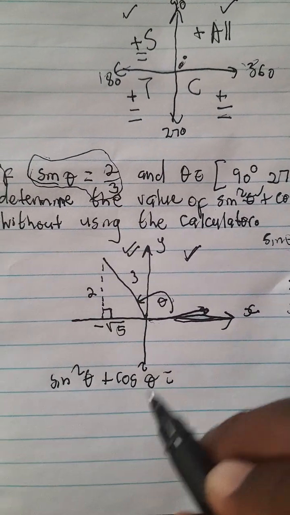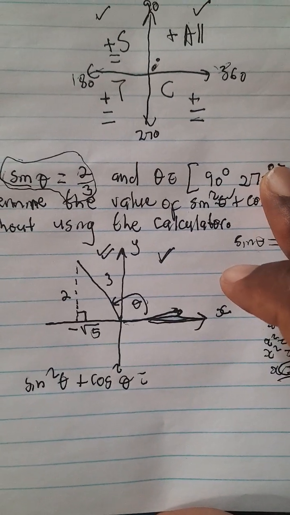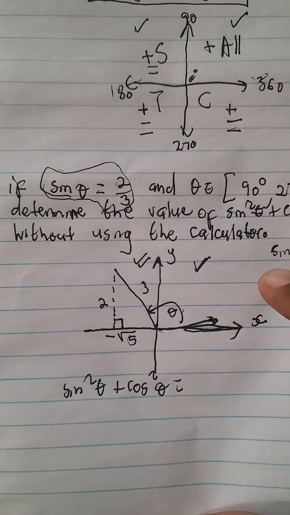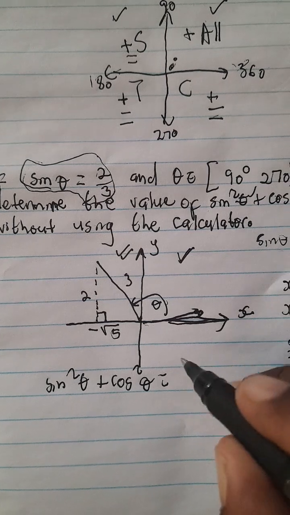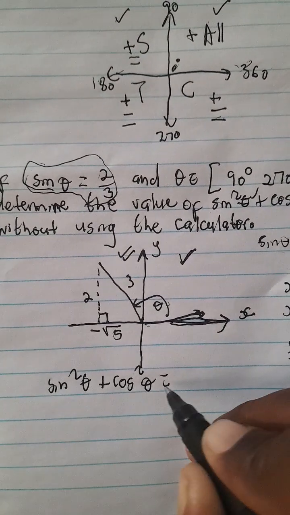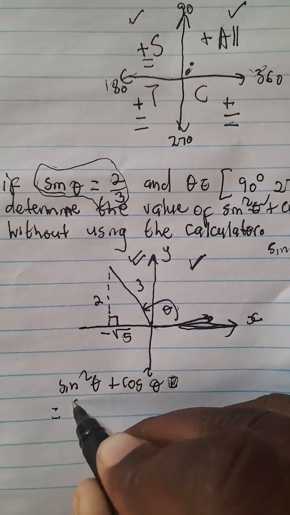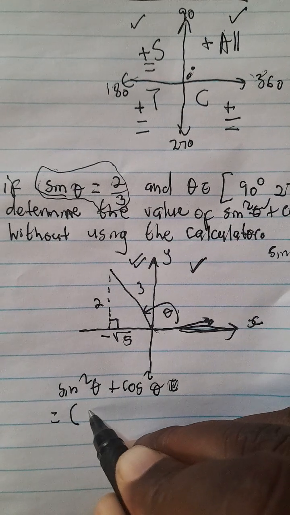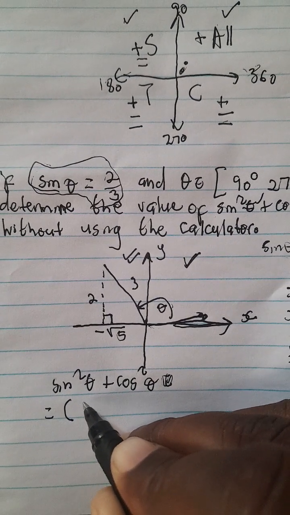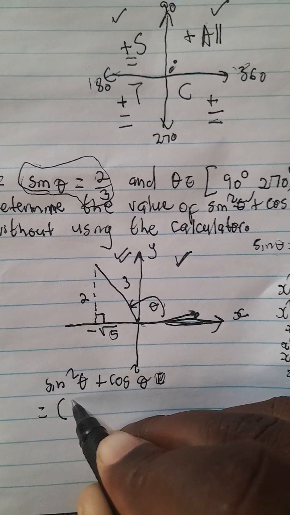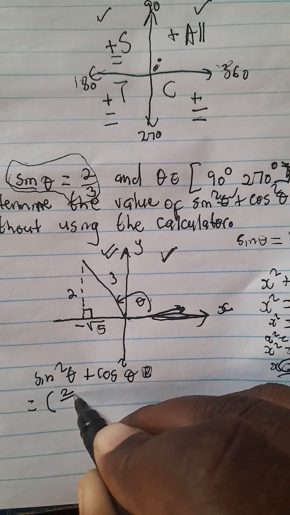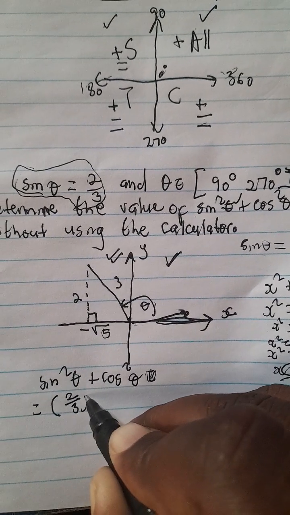I know the common mistake that many learners make. Because it's given like this, they will just say, okay, sine is y over r. Then our y is 2, our r is 3.